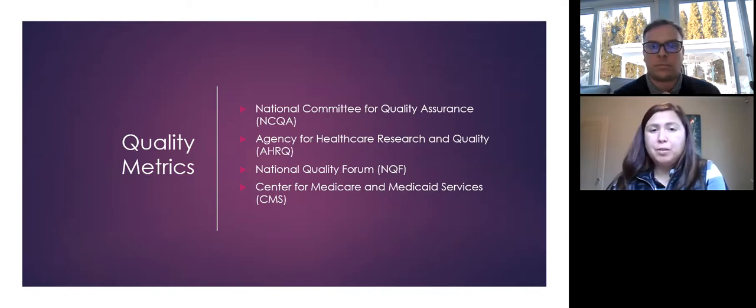So four examples of this are the National Committee for Quality Assurance, and this is basically your HEDIS measures. They've got great metrics for looking at colorectal screening, breast cancer screening. They have a comprehensive diabetes care collection of metrics. The next one is the Agency for Healthcare Research and Quality.